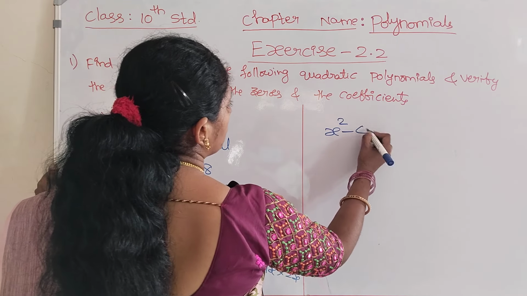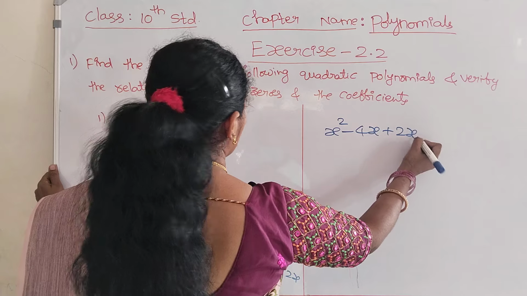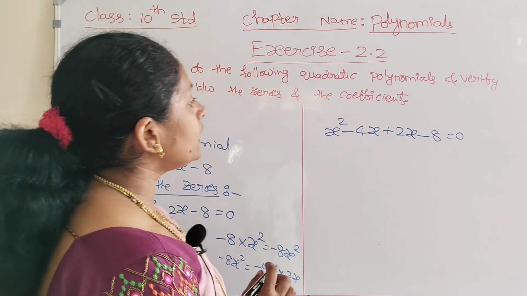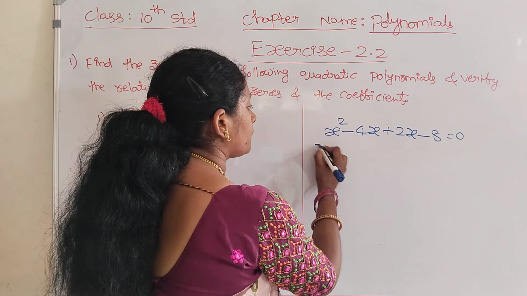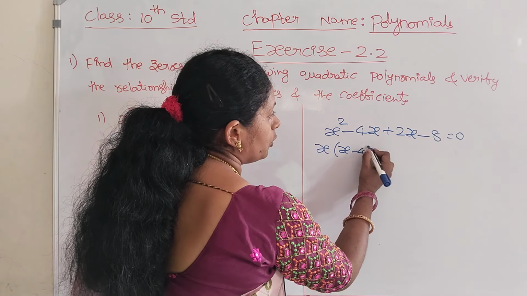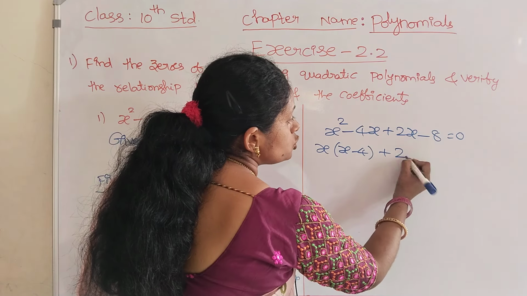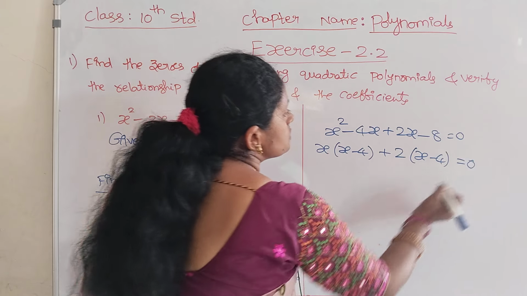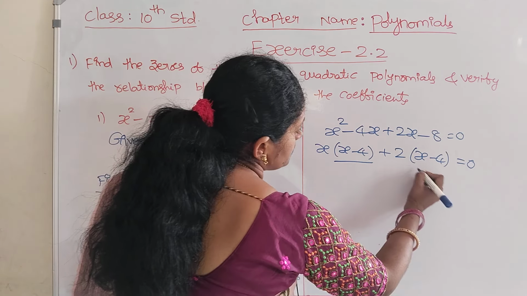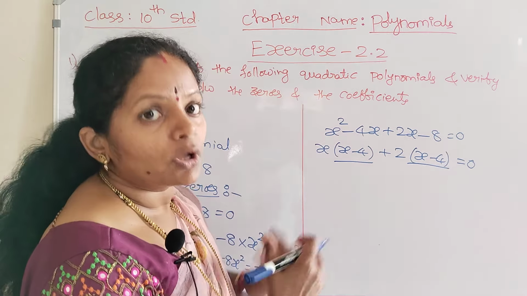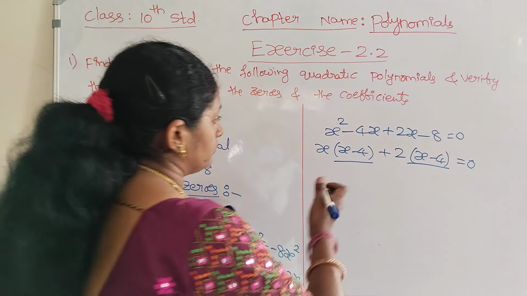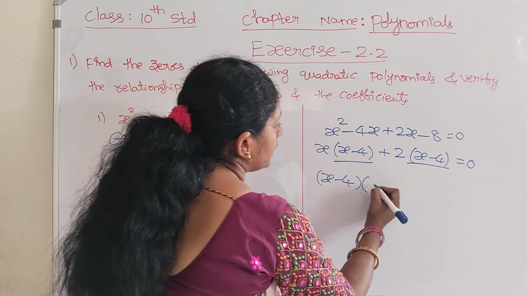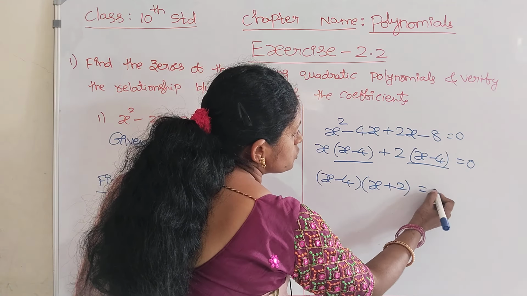x square minus 4x plus 2x minus 8 equals 0. Now take x common from the first two terms: x into x minus 4, plus 2 common from the rest: 2 into x minus 4, equals 0. Now take x minus 4 common, so it will be x minus 4 into x plus 2 equals 0.